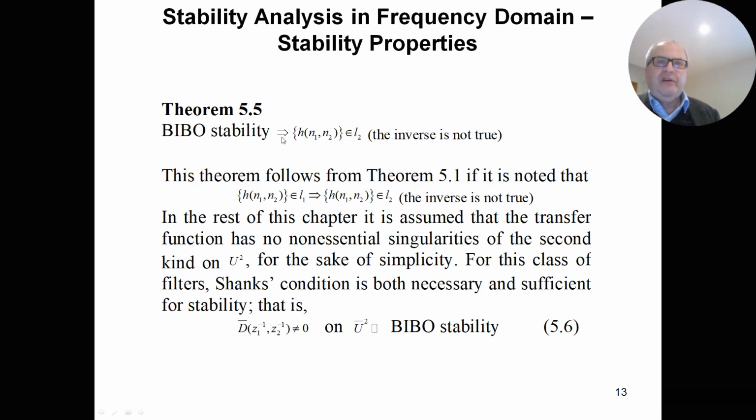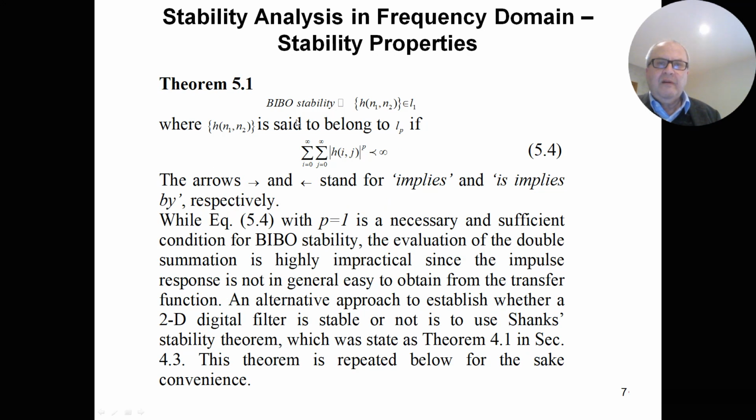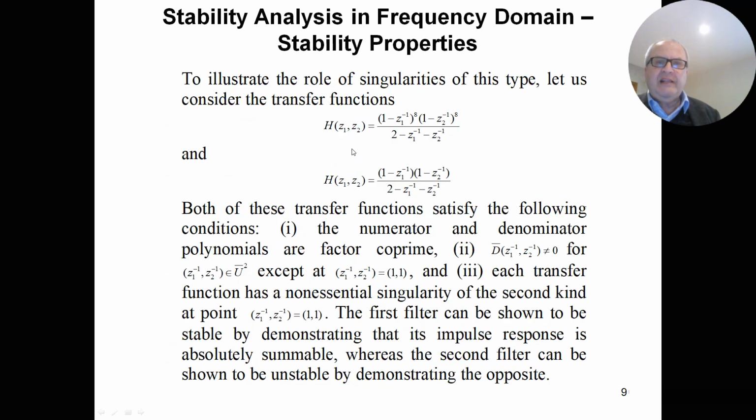About theorem 5.5, if your system is BIBO stable, then you have this. What does it mean? If your system is stable, then this is true for p equal to 2, but the inverse is not true, because as I told you, only if p is equal to 1, this condition is necessary and sufficient.